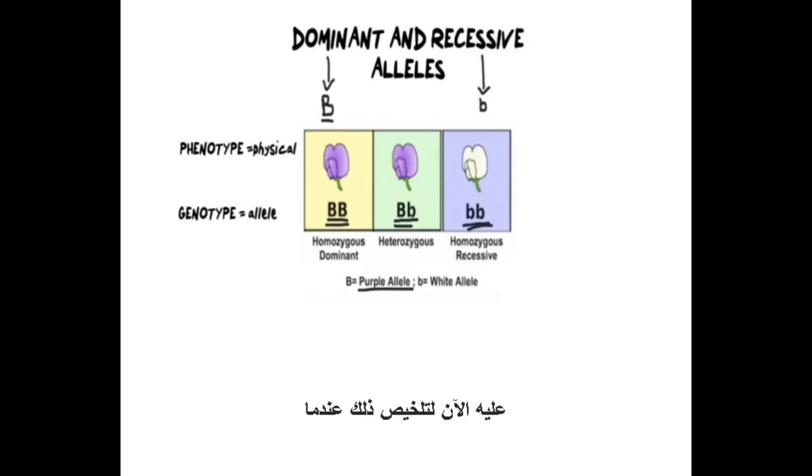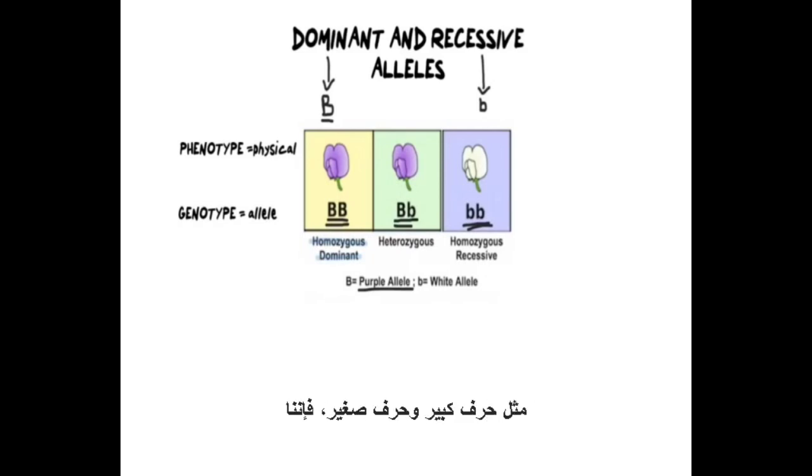Now, to summarize that, when you are writing out these characteristics, and specifically you are writing out the genotype, you would say, for example, that this organism, the first one, would be homozygous dominant. Homo means the same, dominant means that it has 2 of the expressed physical characteristics.